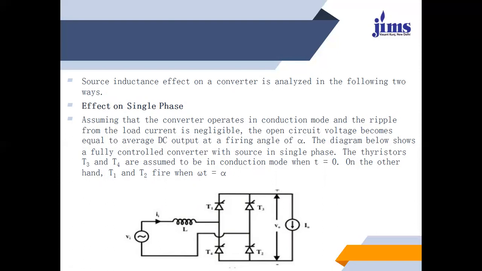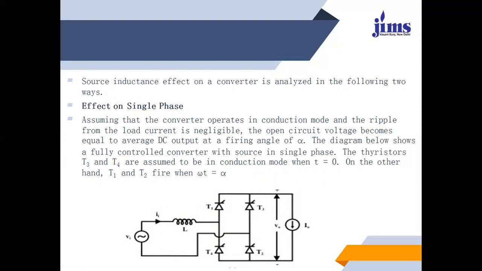so that we can see the differences that arise, assuming that the converter operates in continuous conduction mode and the ripple in the load current is negligible. The open circuit voltage becomes equal to the average DC output at a firing angle of alpha. The diagram below shows a fully controlled converter with single phase source. Thyristors T3 and T4 are assumed to be in conduction when omega t equals 0.